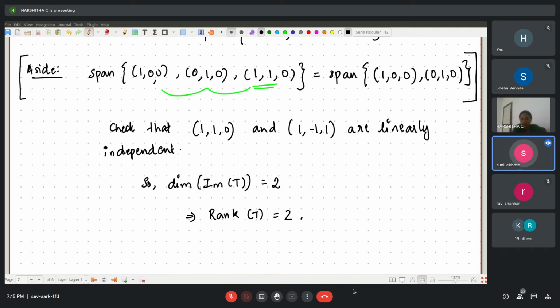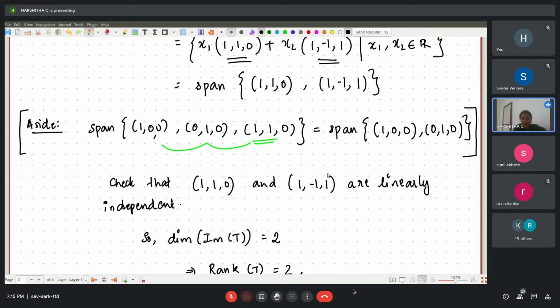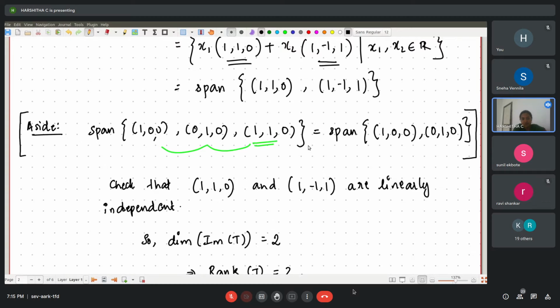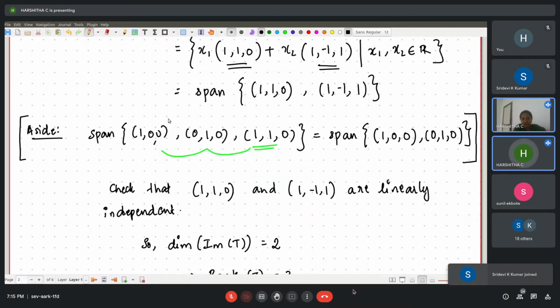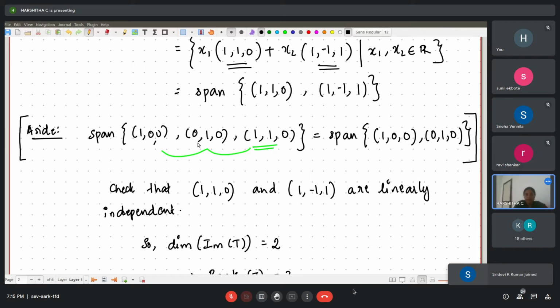If it is linearly dependent, in that case, what will happen? In that case, you have to find a linearly independent set which spans the space. This is an example where it was dependent. These three were dependent, and because we can write the third vector as a linear combination of the first two, you remove the third vector and you have the same span.